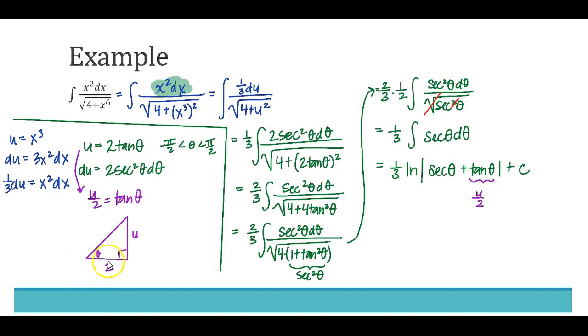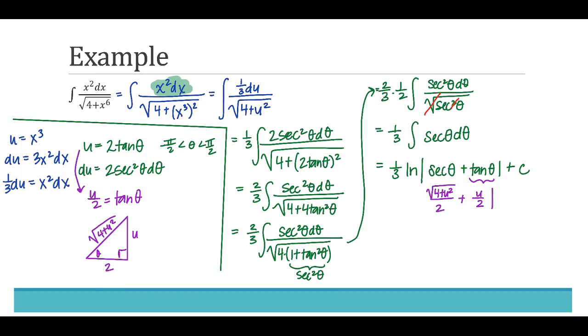So cosine is adjacent over hypotenuse, so we're going to need hypotenuse over adjacent. We're going to need the hypotenuse, which is taking each of these sides, 2 and u, squaring them, and then taking the square root. So the square root of 4 plus u squared. So we're just applying the Pythagorean theorem, but I did it a little quicker this time. So now, again, secant is going to be hypotenuse over adjacent. So we have the square root of 4 plus u squared over 2.